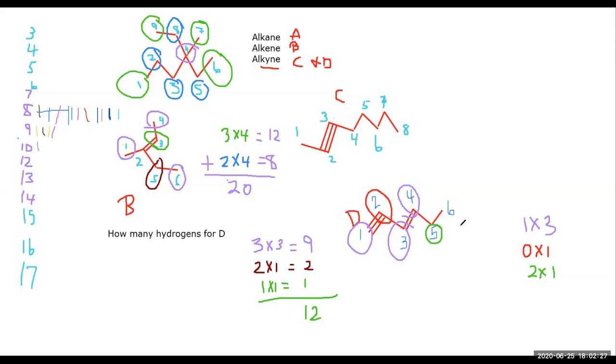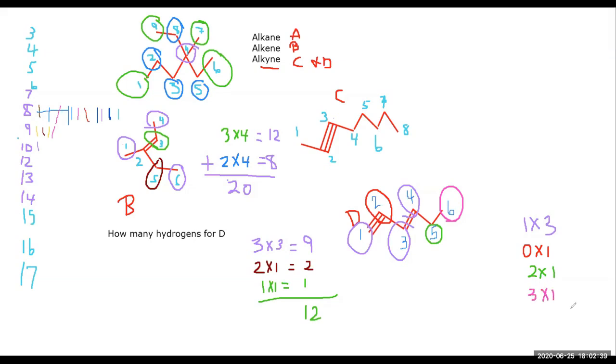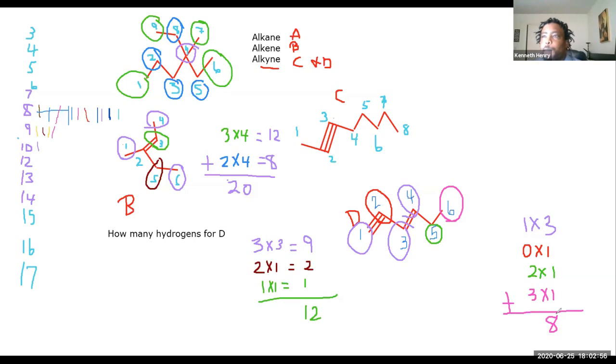And 6 has 3. So that's 8. Piece of cake?